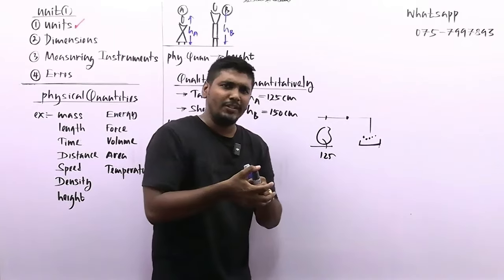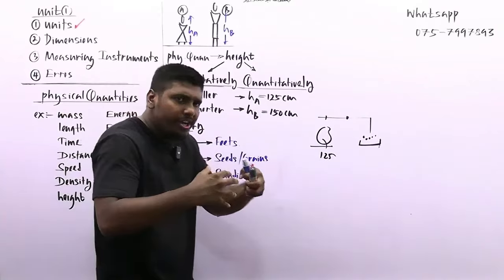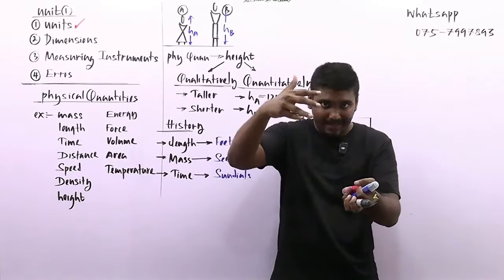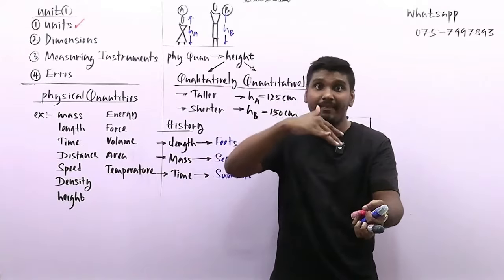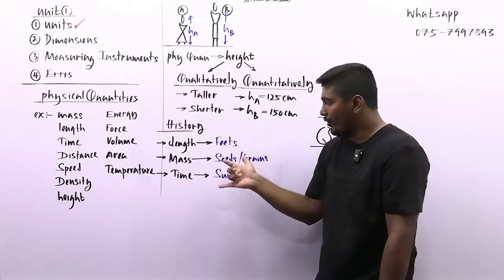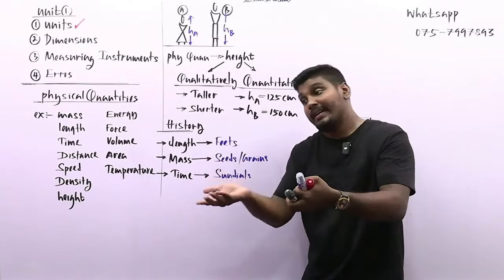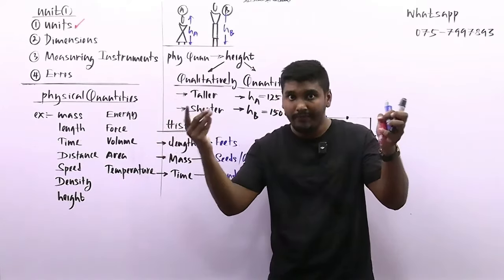But there are problems because, to measure the time using a sundial, if it is a cloudy day, they can't measure the time. And also, we know the sun disappears at night time. So there was no way to find the time at night. So the problem is if it is a cloudy day, they can't measure the time. The next problem is at night times, they can't see the sun. So therefore, they can't measure the time.